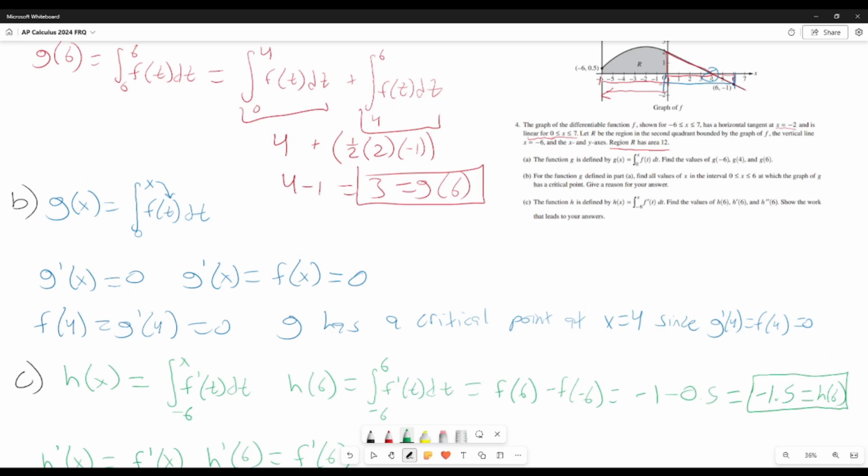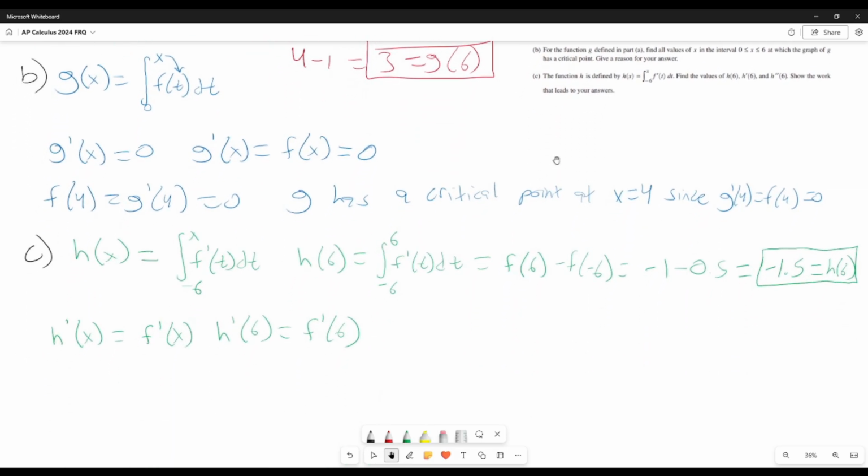So all we need to do is just figure out the slope. It should be pretty easy. You can figure it out from this section alone. Slope is going to be -1/2. As you can see, we go down 1 and over 2. So f prime of 6 is going to be -1/2.